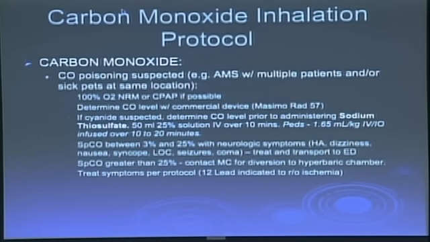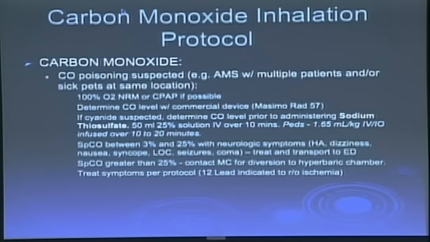If they come out with an SpCO, a pulse oximetry CO level of between 3 and 25%, and they have neurologic symptoms, headache, dizziness, etc., they need to be treated, high flow O2, transported to the ED. 100% O2, even by nasal cannula or by mask, or by CPAP is even better, will reduce your CO level by half within about a half an hour.